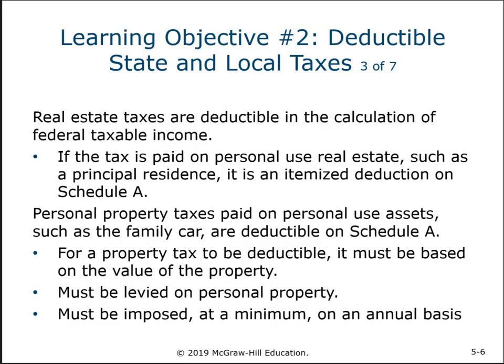All of those can be added. Of course, most people just have their home, and that property tax is added in there, but it could be others. Okay, and then the other one I already mentioned, personal use assets, like your car, levied on personal property, must be based on the value, like we mentioned.